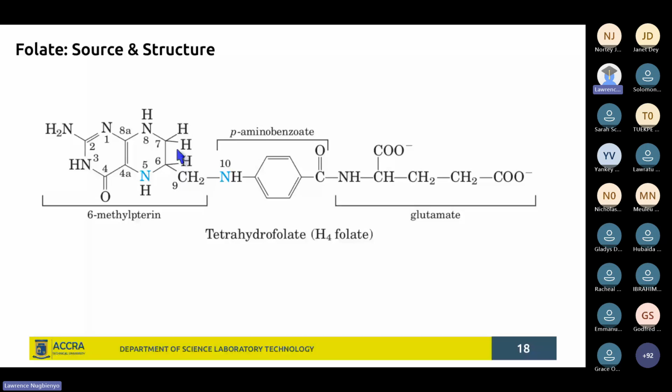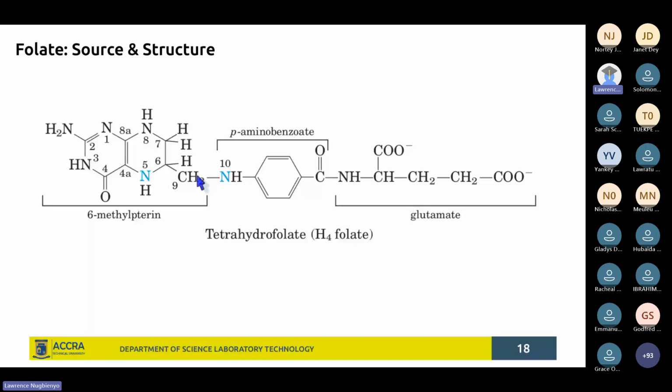But here too, it's a big molecule, but we have these two nitrogens, N5 and N10, which are blue. The reason I made them blue is to show that these are the particular portions that are reactive.